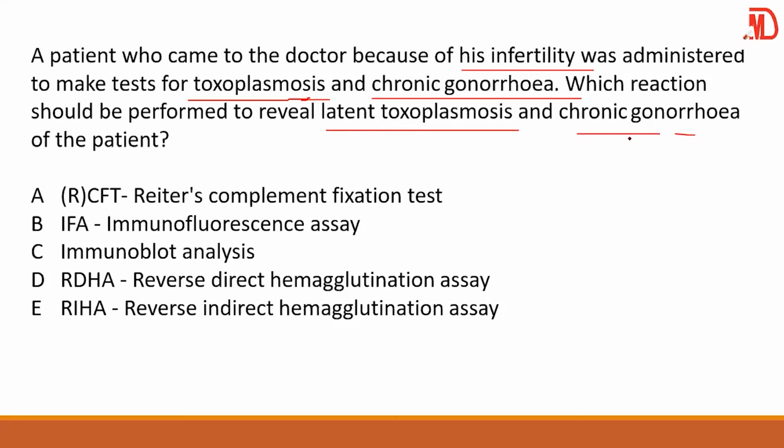We are either looking at a specific antibody against toxoplasmosis and gonorrhea, or a specific antigen for toxoplasmosis and chronic gonorrhea. That will help us know what we are looking for.